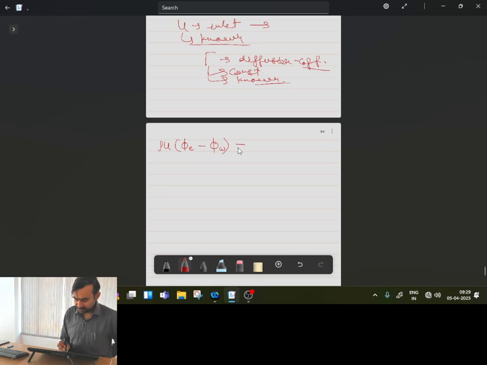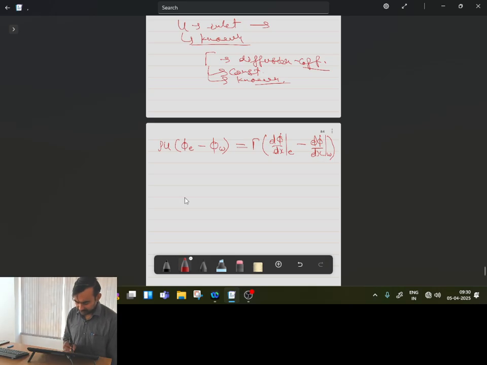And this will be equal to, again, gamma I can take outside because that will be constant for all nodes, times d phi by dx at east face minus d phi by dx at west face. Are all clear with this point? Now what do I need to do? I need to estimate the values of phi e, phi w, and the d phi by dx terms. So to do so, I need to do interpolation.